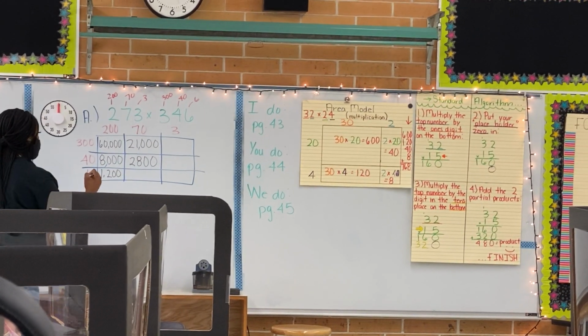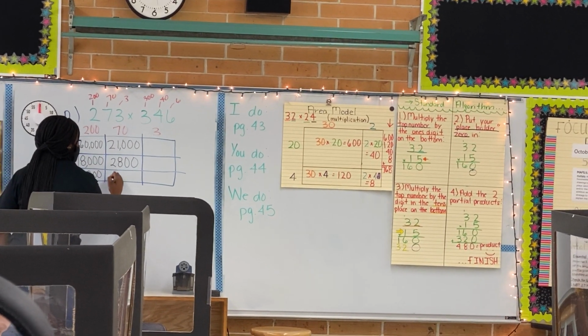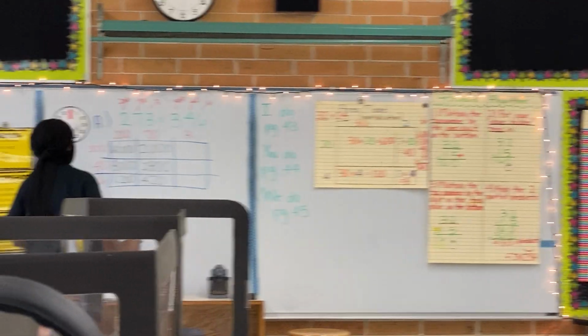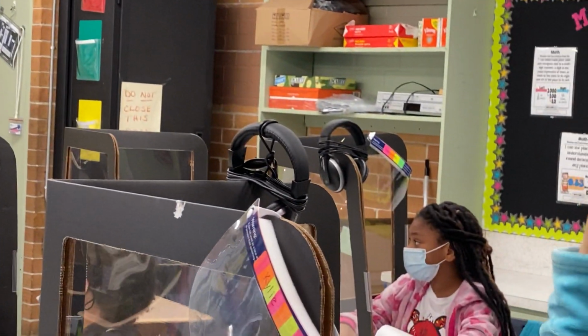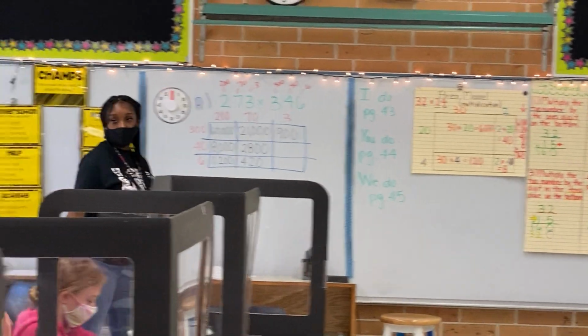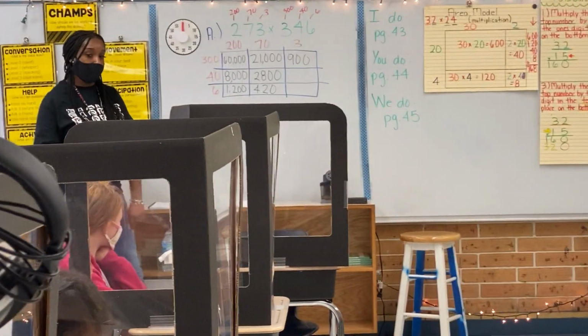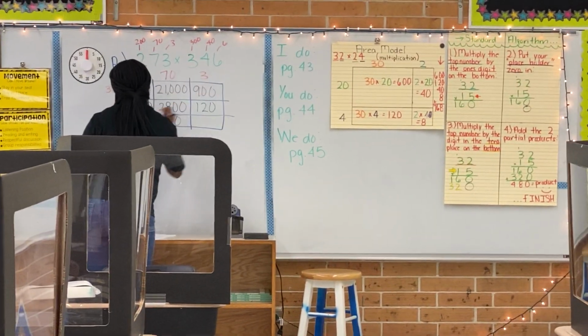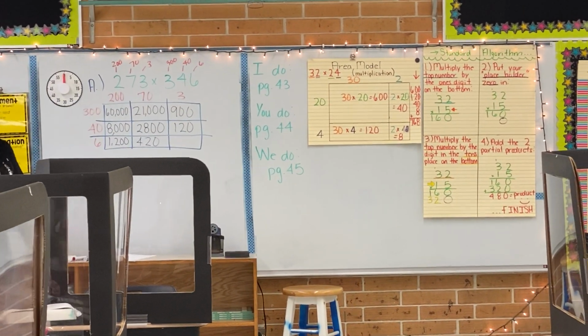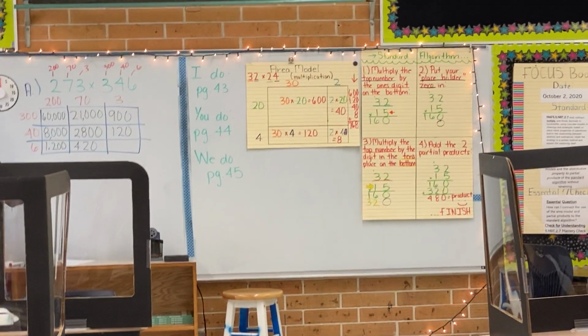Lucas. 420. 3 times 300. Kimaria. 900. 3 times 40. Nevaeh. 120. Fantastic. And lastly, 6 times 3. Natalie. 18.